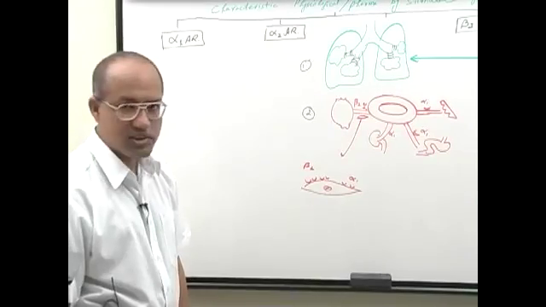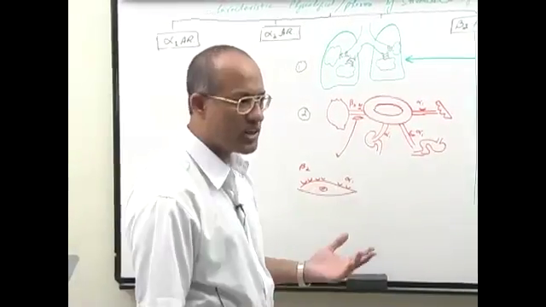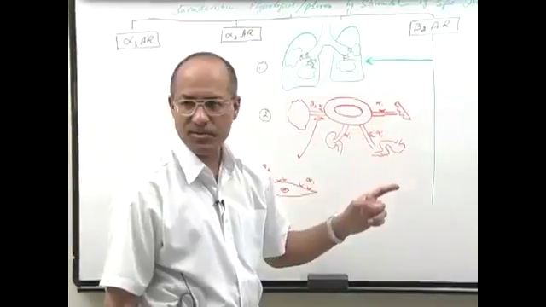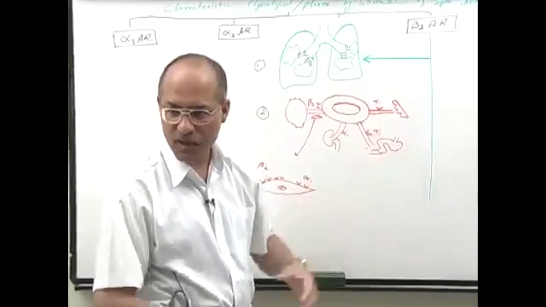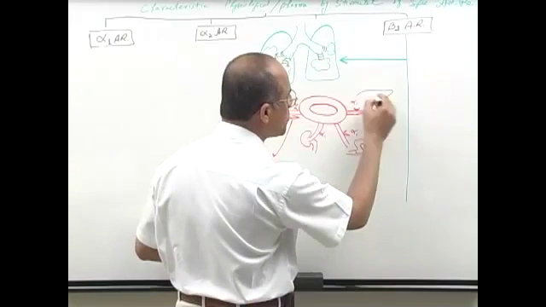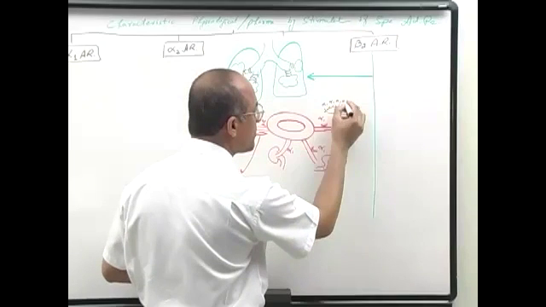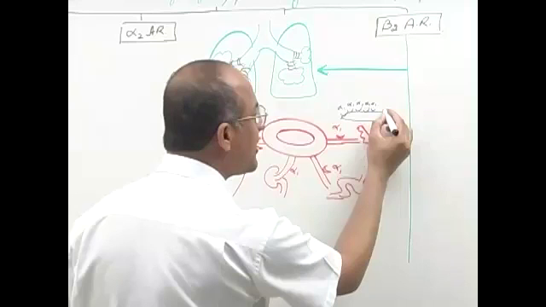Let me tell you something interesting now. Even though when we read medical literature we say cutaneous blood vessels have alpha 1 receptors, to be very critical, cutaneous blood vessel smooth muscle has a lot of alpha 1 receptors and a little beta 2 also.